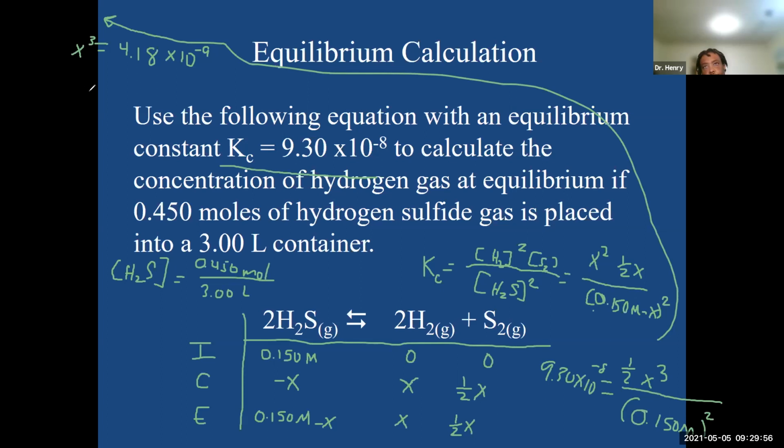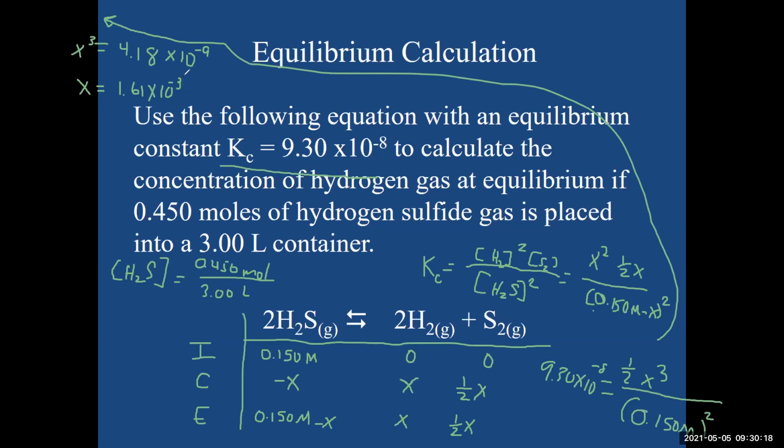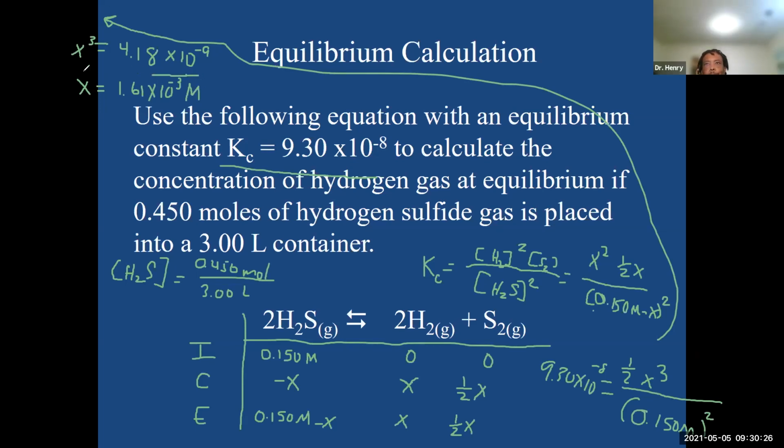And so then I get x equals 1.61 times 10 to the minus 3. And it's only positive because it's an amount, right? That's right. It's always going to be a positive value. You should never end up with a negative value. Okay. Yeah.